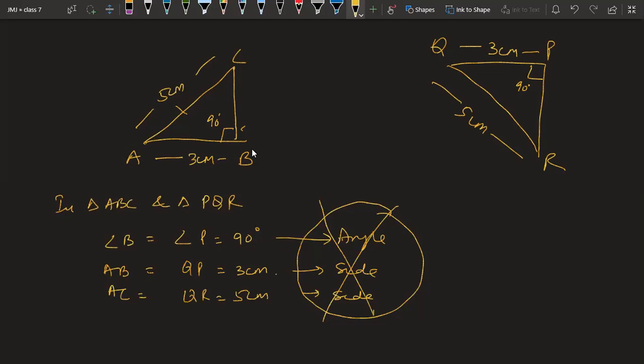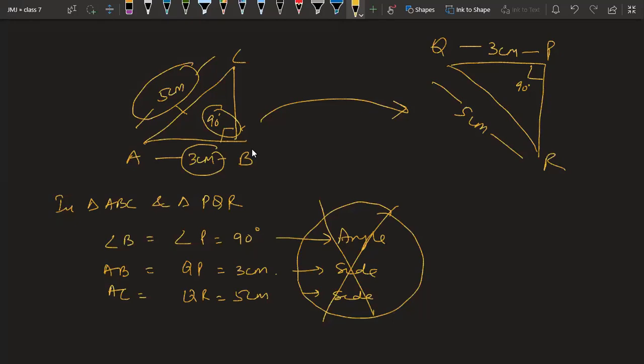So we have one more way to understand this. Because this triangle is a right angle triangle, as we have one right angle, one hypotenuse and one side equal to the other triangle, we can say by RHS they are congruent.